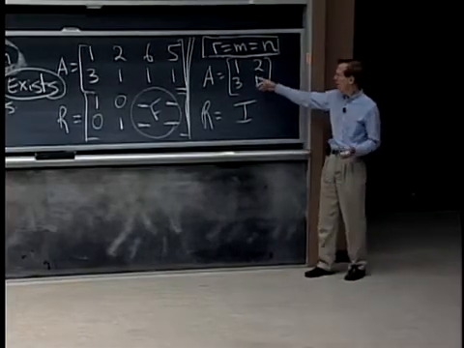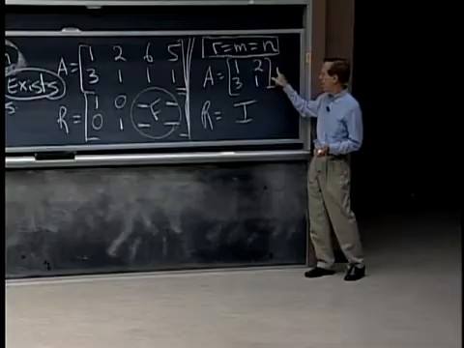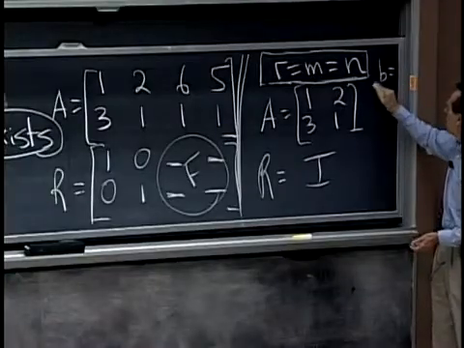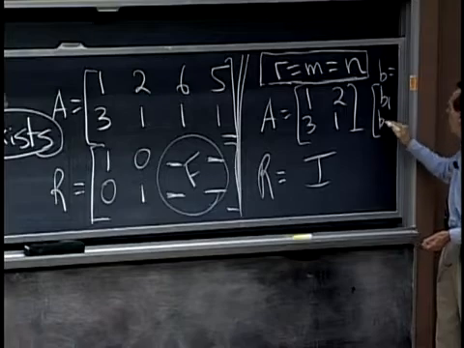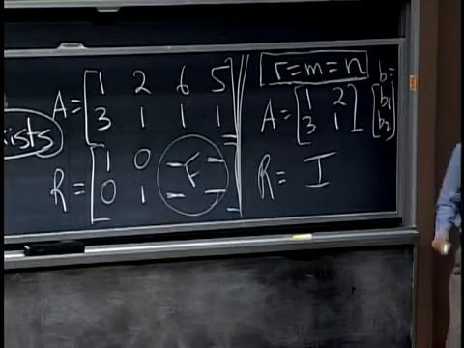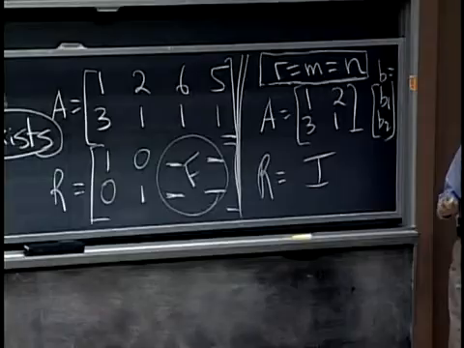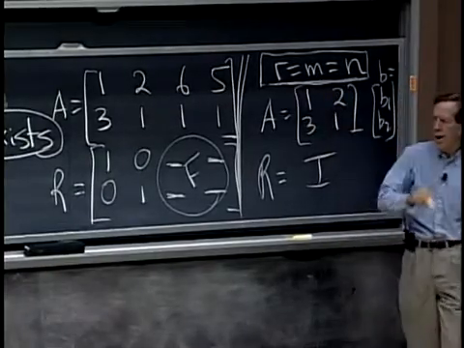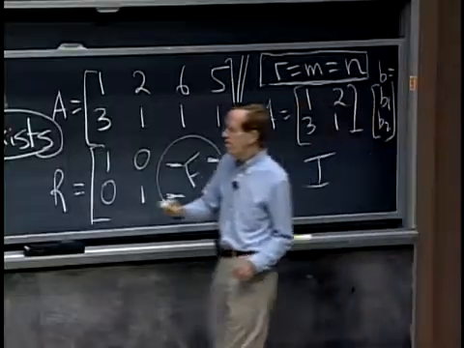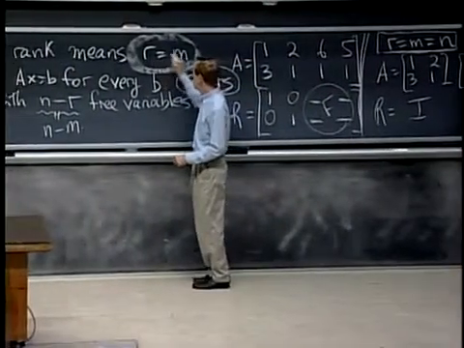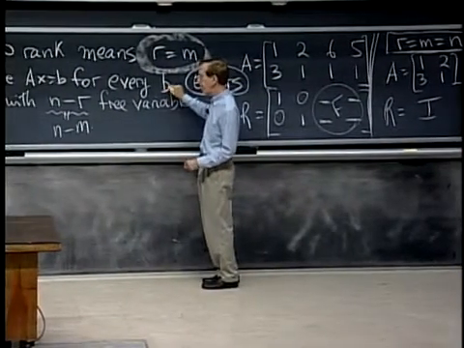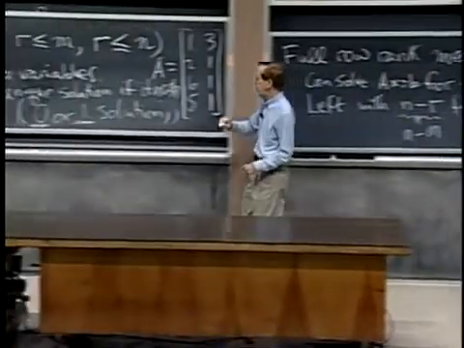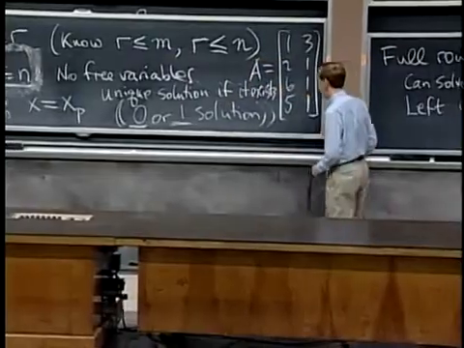If I want to solve AX equal B for this example, so A is this, B is B1, B2. What are the conditions on B1, B2? None at all. Right. So this is the case where I can solve. So I'm coming back here. Since the rank equals M, I can solve for every B. And since the rank is also N, there's a unique solution.